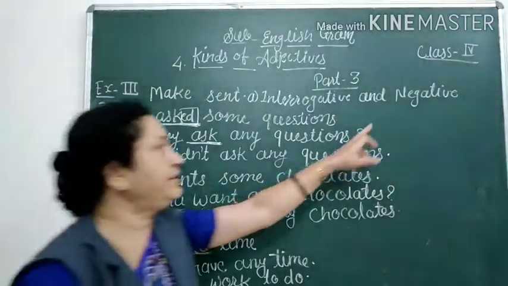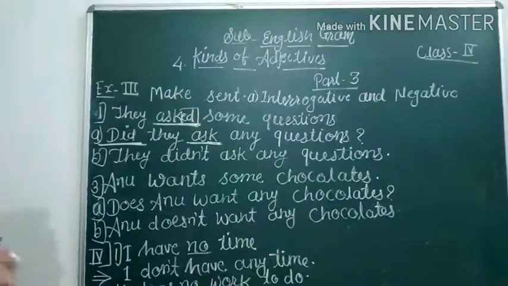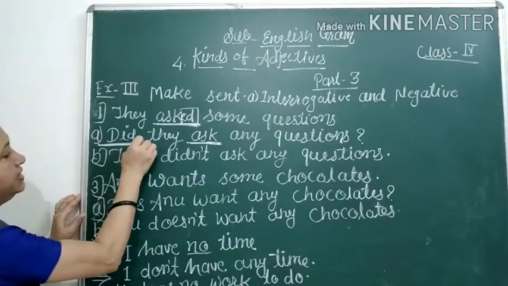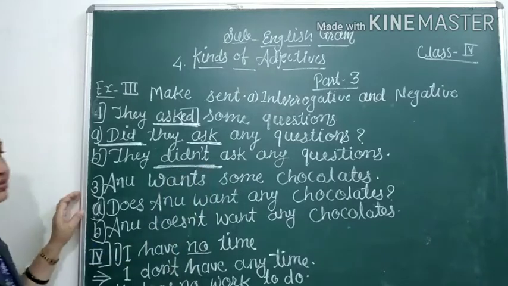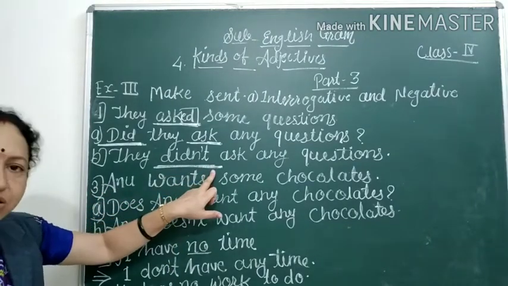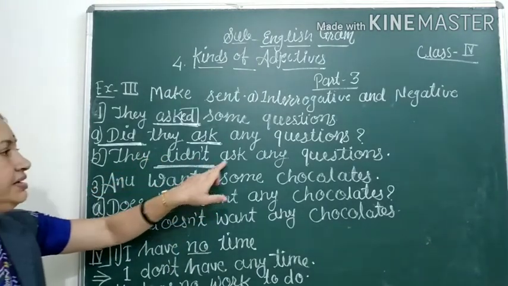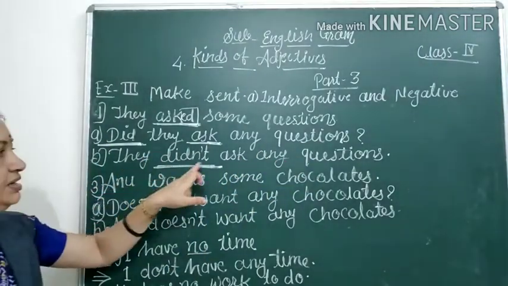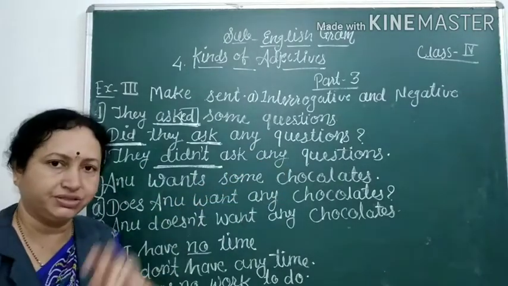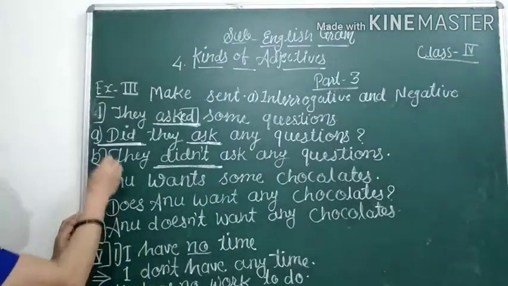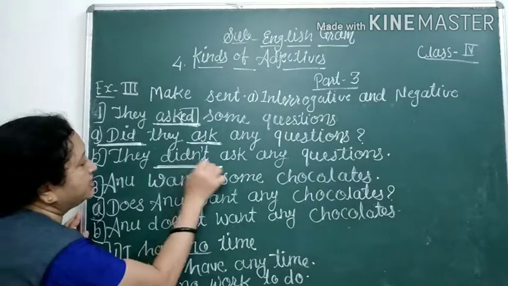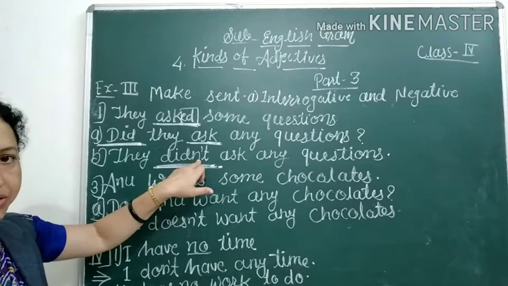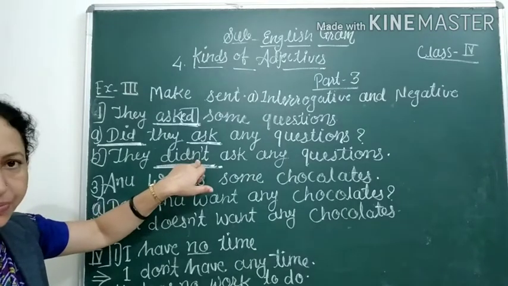Now we have to make the negative sentence. So how will we make a negative sentence? We have to use did plus not. They didn't ask any questions. So children, in a negative sentence you have to add not in short form.